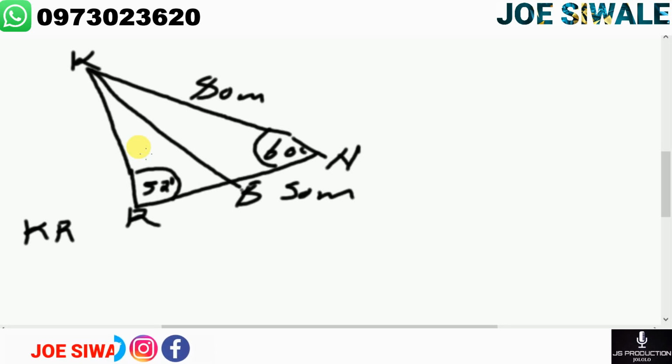Here I've been given two angles, this angle and this angle, and I'm trying to calculate the length KR. So this means I'm going to use the sine rule, because the angle at R has its opposite length here, and the angle 60 has its opposite here. If I try to use the cosine law, that is not going to apply. I hope that's clear.